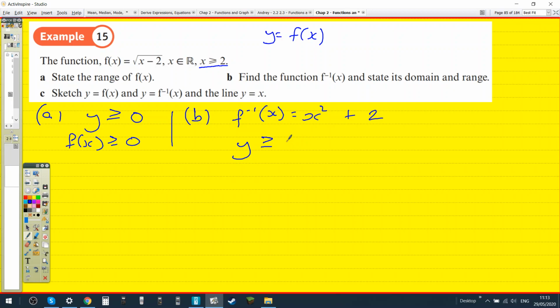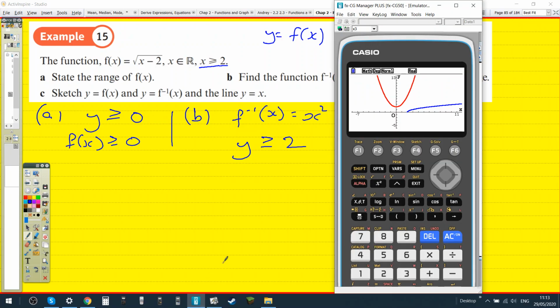Yeah. And then for x, x is 3. Oh no, can x just be anything?